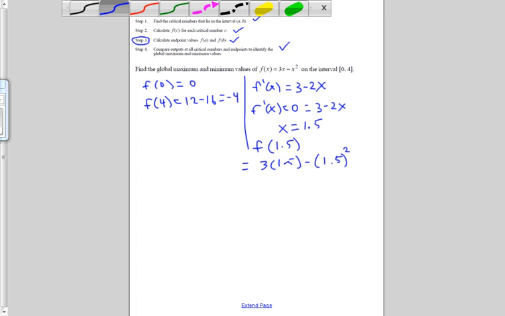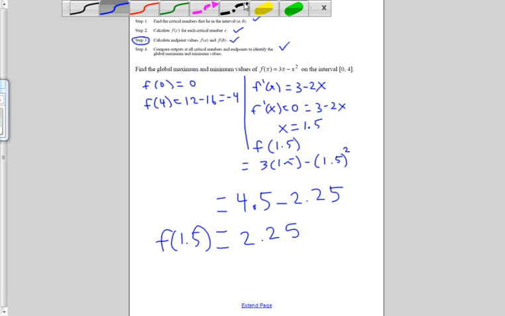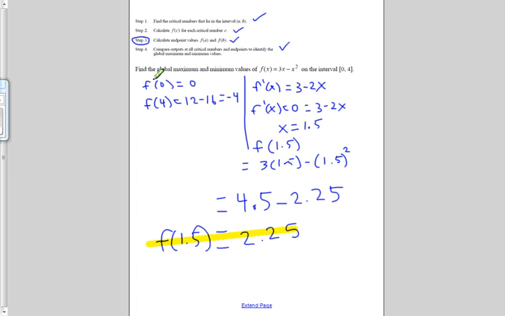We know 3 times 1.5 is 4.5, minus 1.5 squared is 2.25, and this equals 2.25. This is f of 1.5. So if we're looking for the global max and the global min, I only have one critical point here, and then I've got my endpoints here and there.